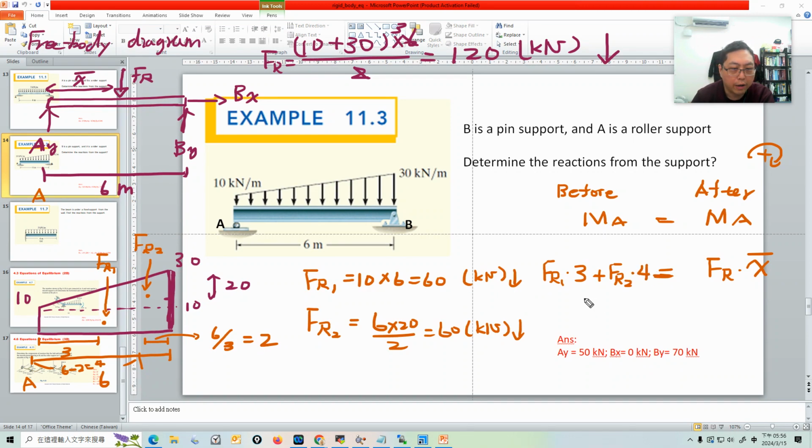And FR1, we already know, 60 times 3, plus FR2, 60 times 4, equals FR, which we already know is 120, times X bar. So X bar is 3.5 something.